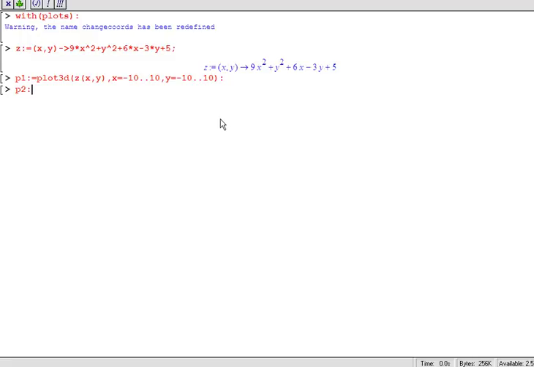P2 is going to be the plane, and that's 24 times x plus y minus 8. And I want to suppress that. And then I want to display P1 and P2.